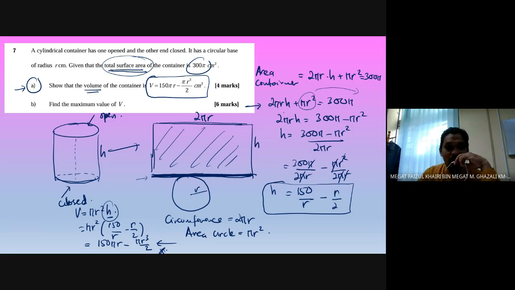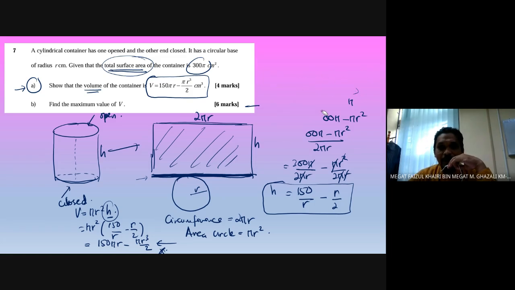For example, for this question, they give you the area of the container, and you relate it to find the volume of the container. So dia saling berkait antara satu sama lain. I do hope that all of you understood and boleh faham my explanation here.